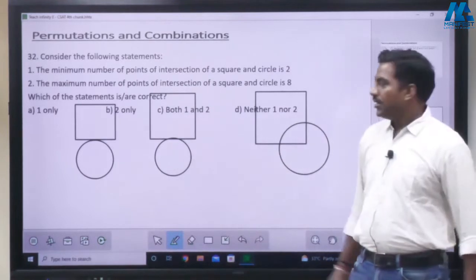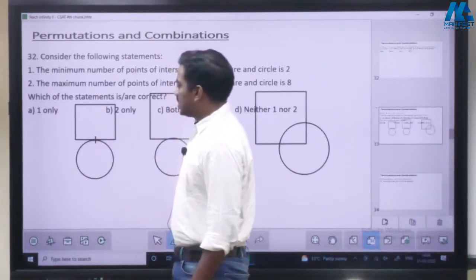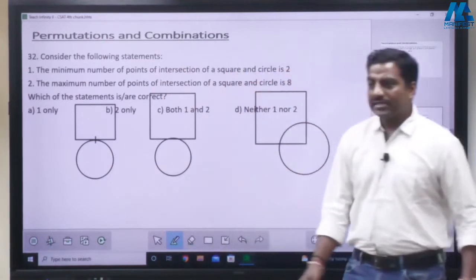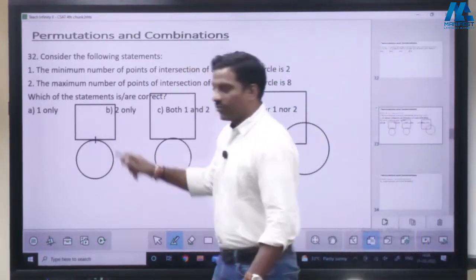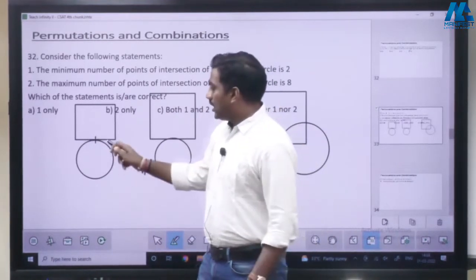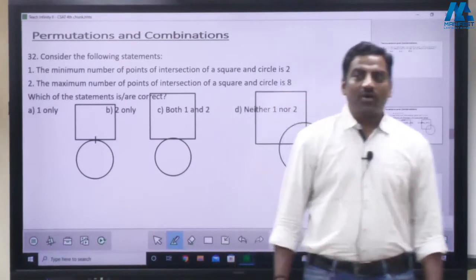Yeah. Now, this is getting connected here. Yes. This line or this side of a square is what to the circle? Definitely you have forgotten this word.